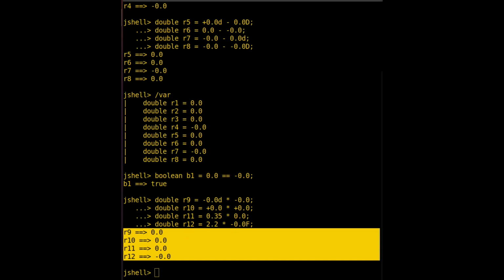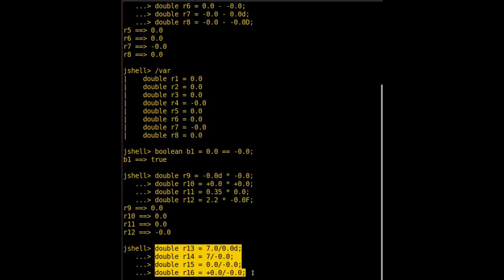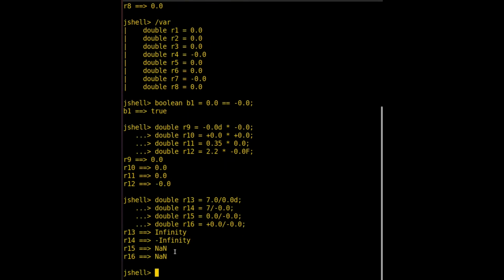Now let's look at division, and here we've got the divisions. So I'm saying 7.0 divided by 0, 7 divided by negative 0, 0 divided by negative 0, and again those two are basically the same.